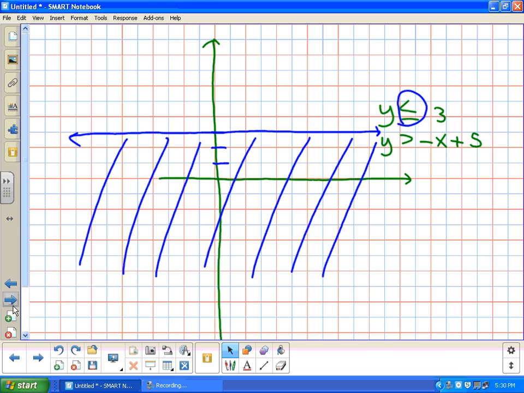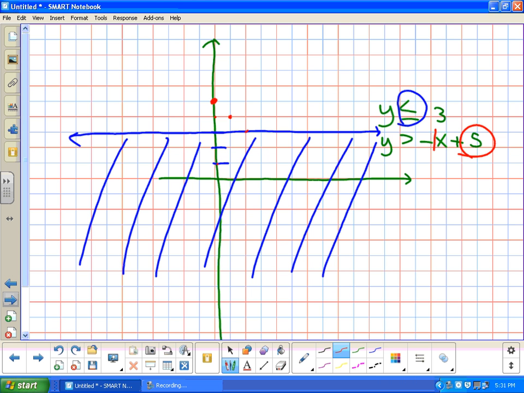Now the second line that I'm graphing has a y-intercept at 5, so I begin my line at 5. 1, 2, 3, 4, 5. I have a slope of negative 1, so I'm going to go down 1 over 1 to get my second point.